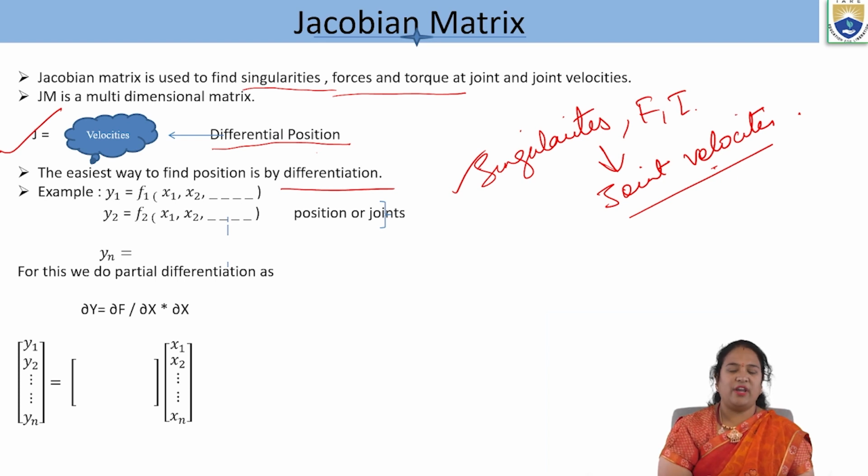So the easiest way to find out the position or orientation of any particular robot is with the help of differentiation.